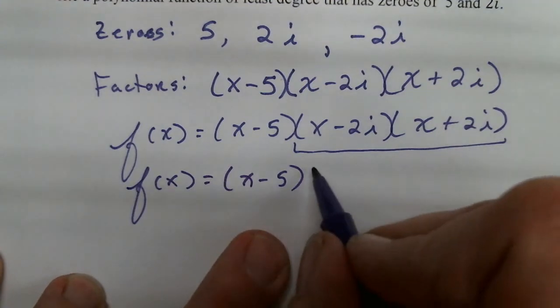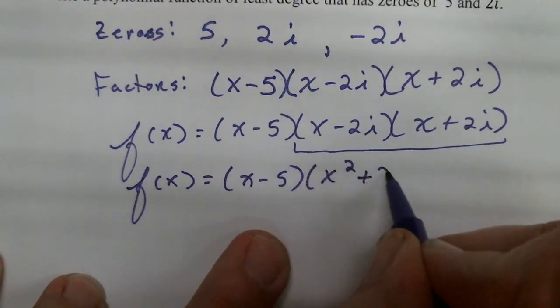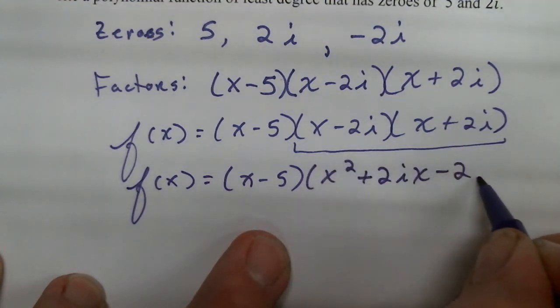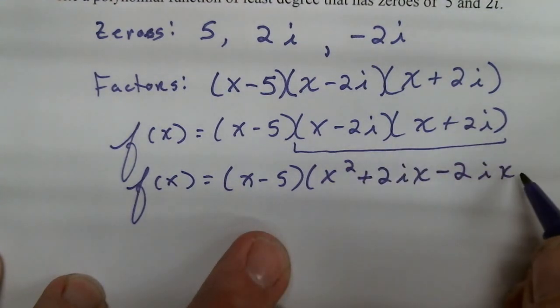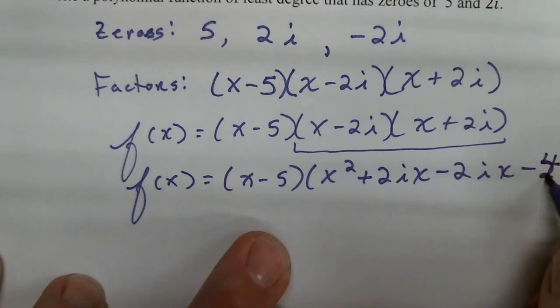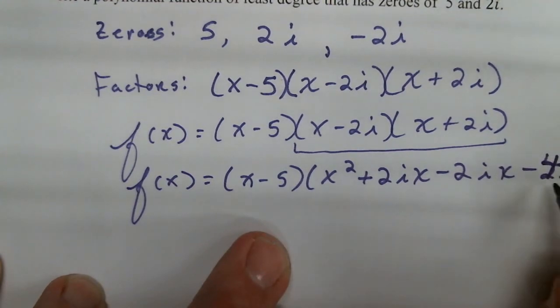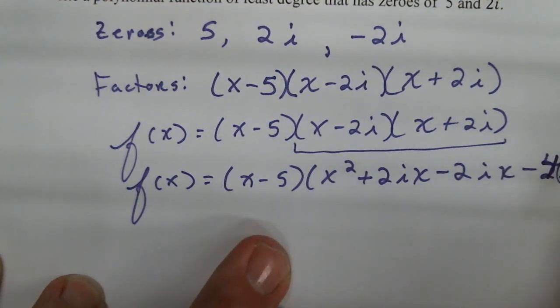With just these two, I'm going to FOIL them together. x squared plus 2ix minus 2ix. Okay, and then negative 2i times 2i is negative 4i squared. Now, i squared is the same as negative 1. Negative 1 times negative 4 makes this a positive 4.